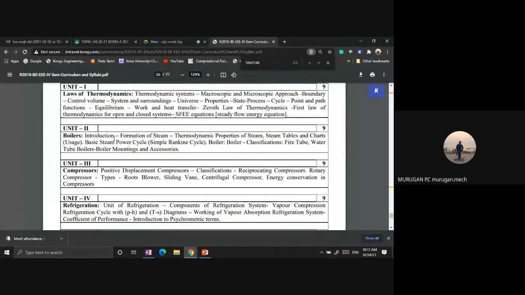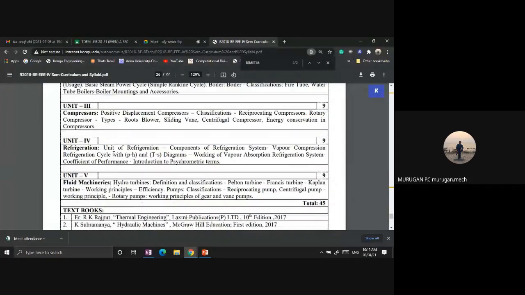And the third unit is the compressor. We have two types of compressor: positive displacement compressor and negative displacement compressor, along with different classifications of compressors, the reciprocating compressor, and how energy is conserved in the compressor. And the fourth unit is refrigeration, a very interesting topic.